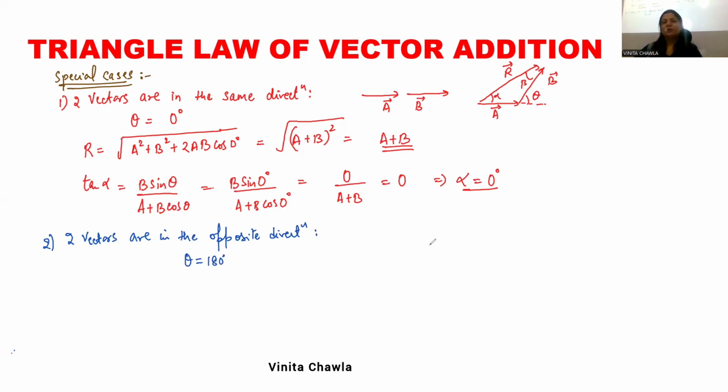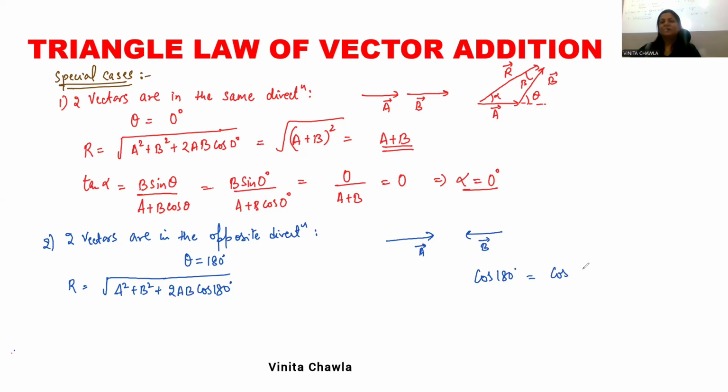Vector A is pointing in this direction and vector B is pointing in the opposite direction. Then angle theta is 180 degrees. So we can find R. It's square root of A square plus B square plus 2AB cos 180 degree. Value of cos 180 degree is, yes, it's -1.